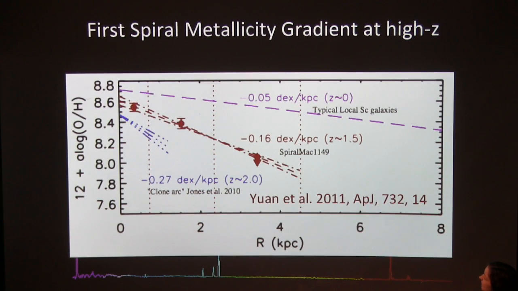We found a steeper metallicity gradient than in local galaxies, and this was seen as evidence of inside-out disk formation. In inside-out disk formation, the star formation occurs in the center, enriches the gas in the center of the galaxies, and slow infall causes slow enrichment of the metallicity in the outer regions of the galaxies, and typically you end up with a steep metallicity gradient.